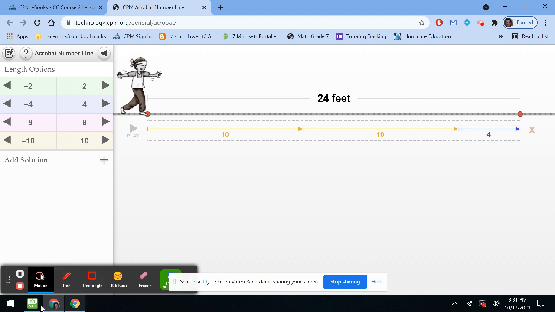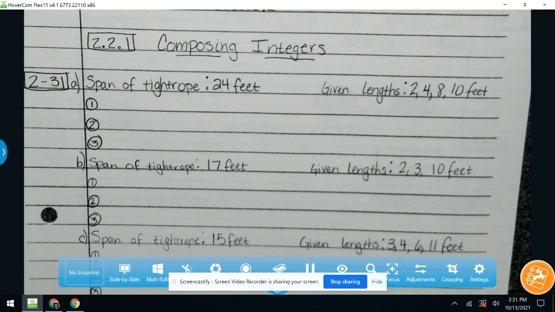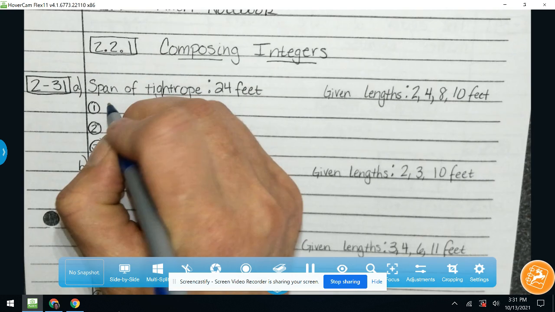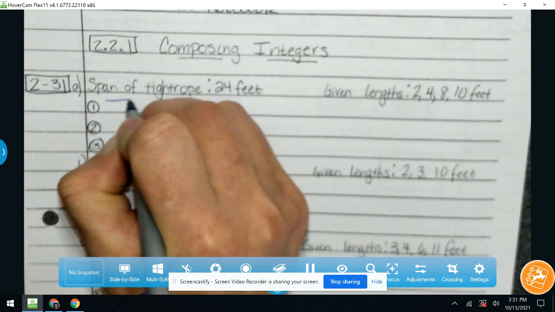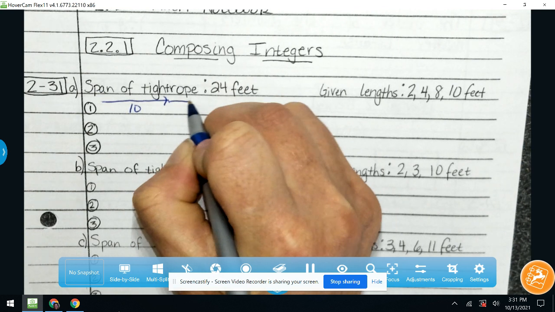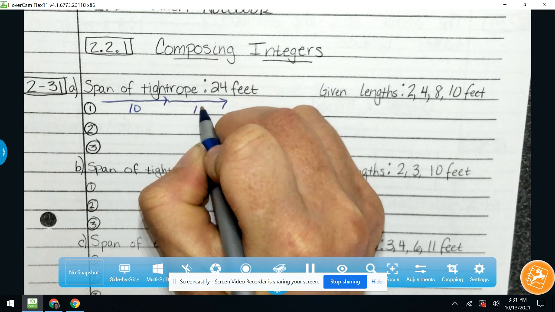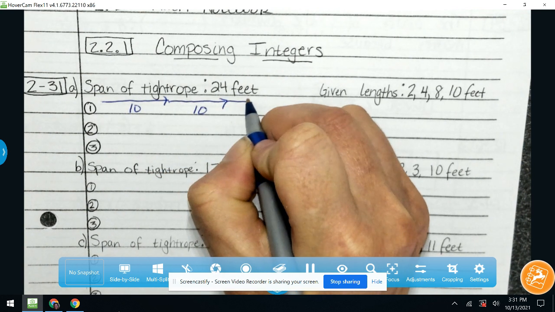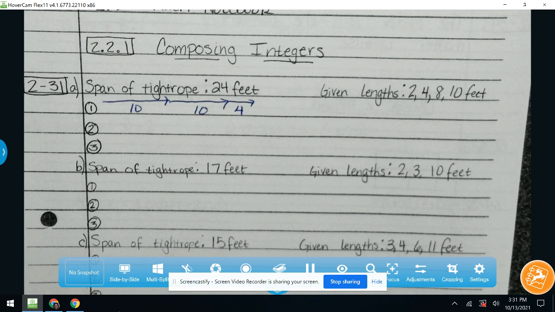So we have that he moved 10 feet to the right, 10 more feet, and then 4 feet.